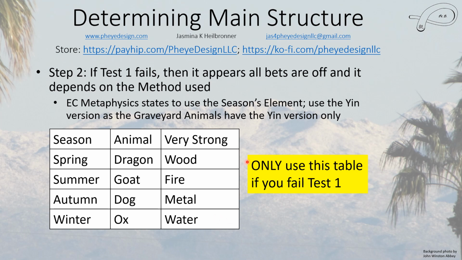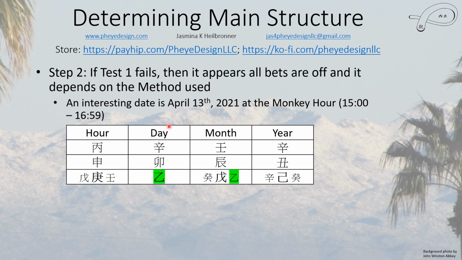Now again, only use this table if you fail test 1, or you don't have a graveyard animal as your animal for the month. So here's an example. And this is where I say all bets seem to be off.